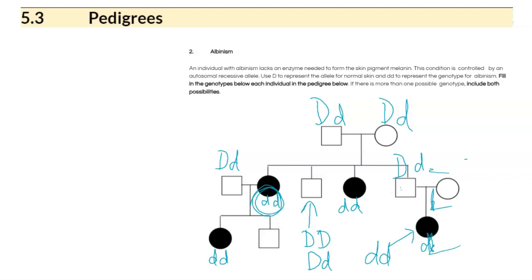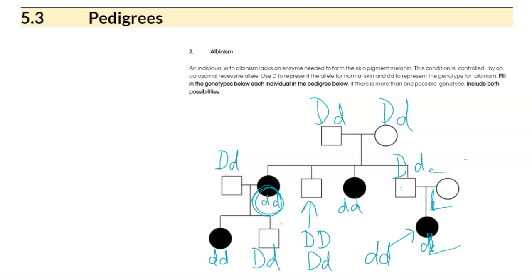In the case of this particular child right here, the only possible genotype is the heterozygous genotype, and I'm going to tell you why. They're getting the big D, the dominant allele, from dad, and they're getting the other allele from mom.